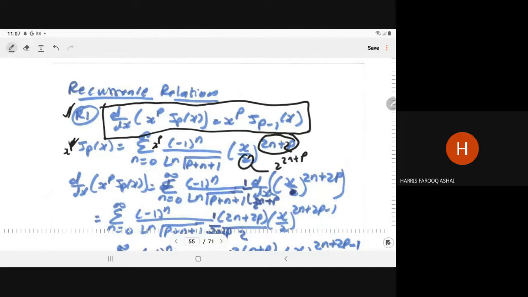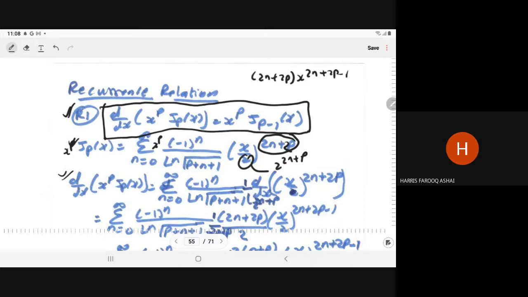When we take the derivative of x to power p J_p, we have summation (-1) to power n upon factorial n gamma of p plus n plus 1, and 1 upon 2 to power 2n plus p, and the derivative of x to power 2n plus 2p will become (2n plus 2p) into x to power 2n plus 2p minus 1. That will be the derivative of this.